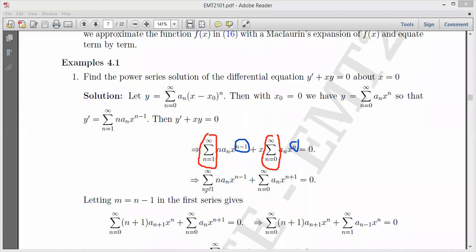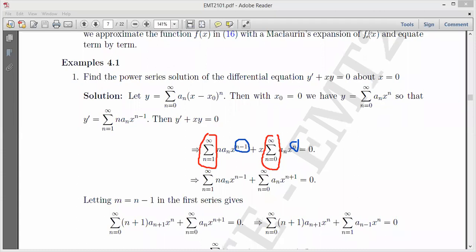If you are summing from n equal to 1, and this is summing from n equal to 0 to infinity, then you basically can't sum up those. So once you have substituted, the remaining task is to generate some kind of uniformity in these sums and then the powers of x. And once you have secured that, you can now go ahead to simplify.